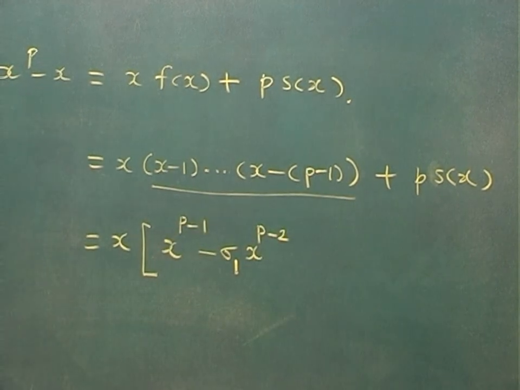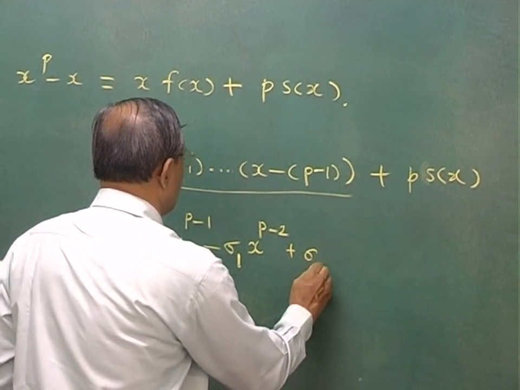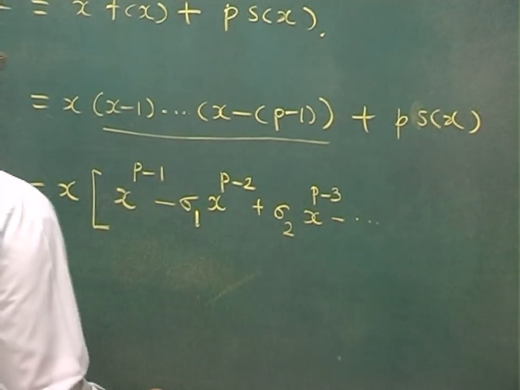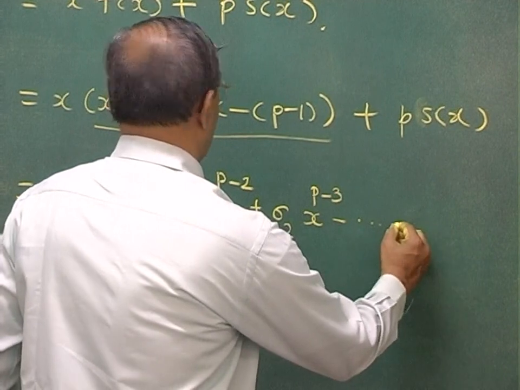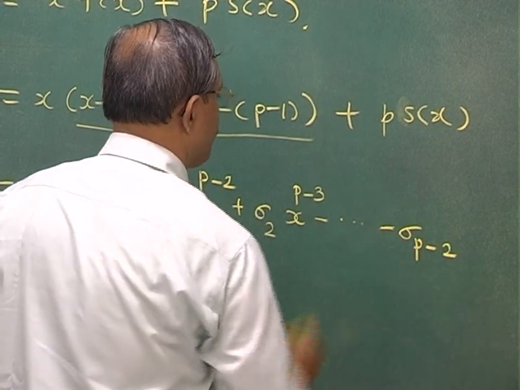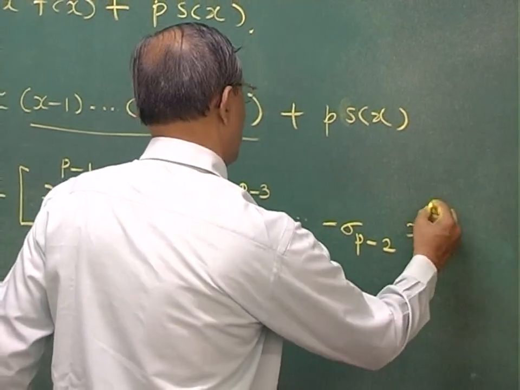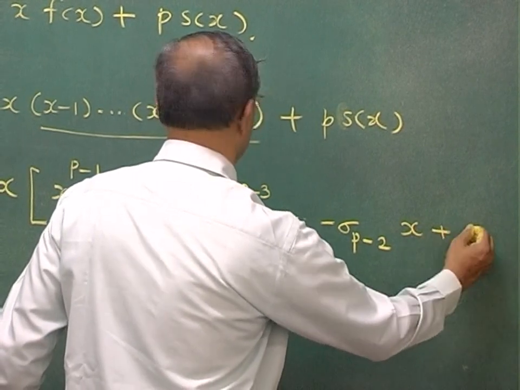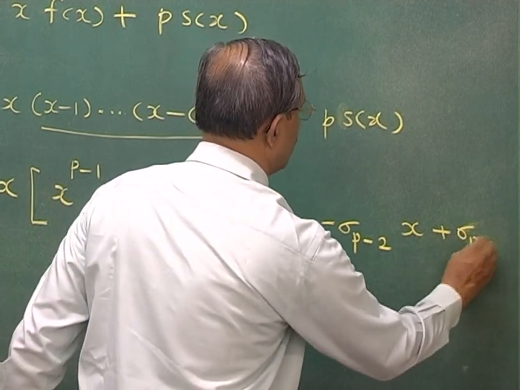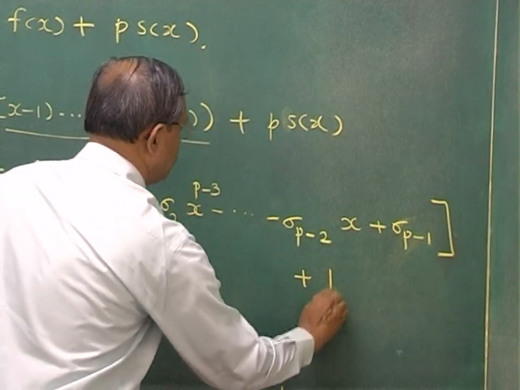Sigma 1 means the sum of the roots 1, 2, etc. up to p minus 1, plus sigma 2 x^(p minus 3) minus etc. Now minus sigma (p minus 2) into x, and the constant term is plus sigma (p minus 1), that is (p minus 1) factorial, plus p times s(x).